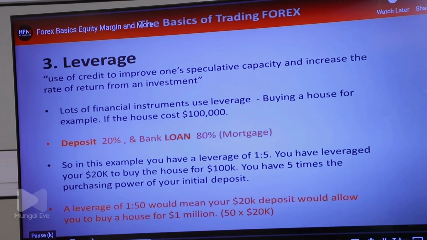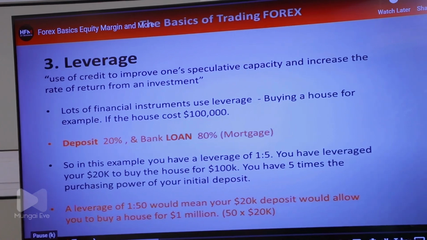So here, your leverage is 1 to 5. You've leveraged your $20,000 to be able to buy the $100,000 house.